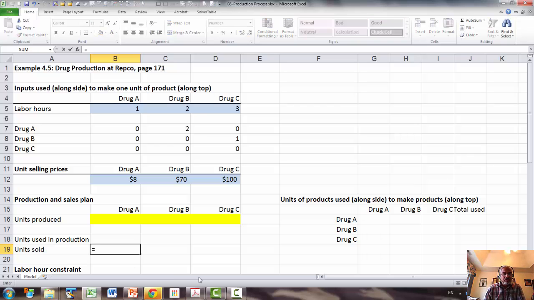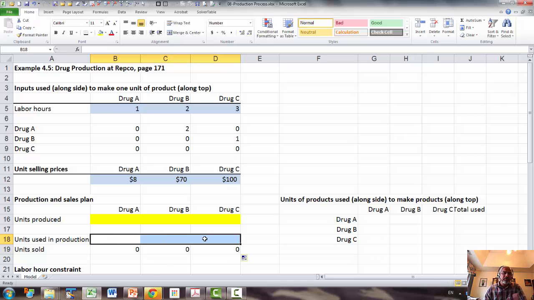So units sold will be how many units we're going to produce minus how many units we'll be using in the production itself. That's what we will be selling. Now, how many units will we use? We have to figure that out, and there are a couple of different ways in which you can figure it out. Here, let's use the same procedure that's in the text.